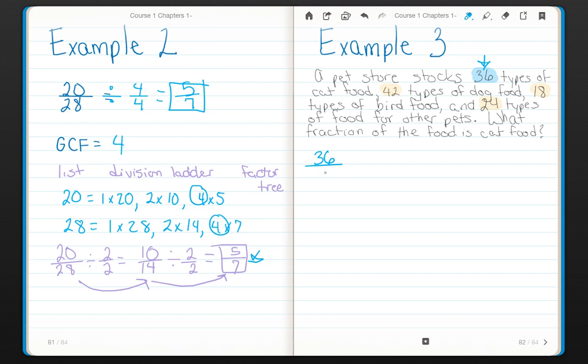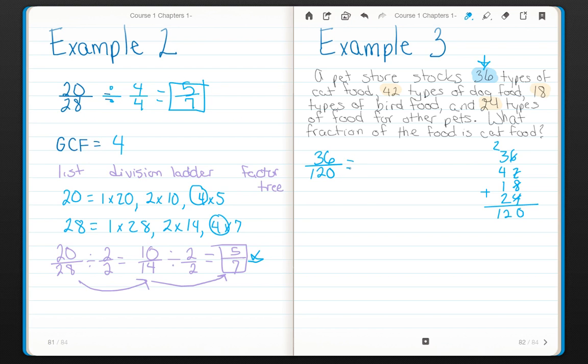What is the total amount of types of food I have? So 36 plus 42 plus 18 plus 24. 6 plus 4 is 10. 2 plus 8 is 10, plus the 10 is 20. 5, 6, 7, 8, 9, 10, 11, 12. So I have 120 total types of food.